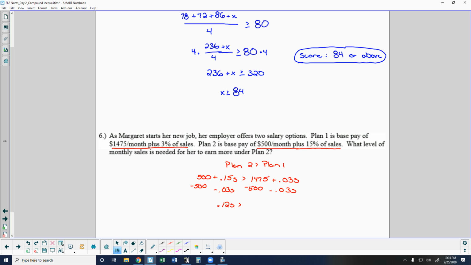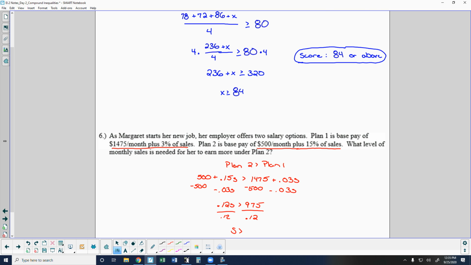So I'll get 0.12S is greater than 975. Now I want to go ahead and get S by itself, so I need to divide by 0.12.